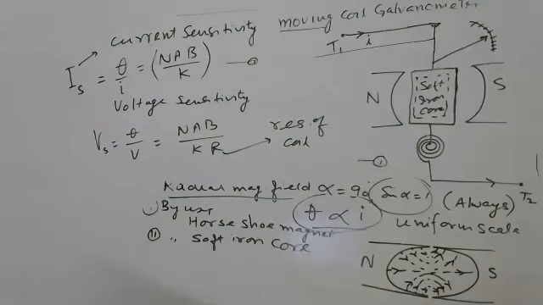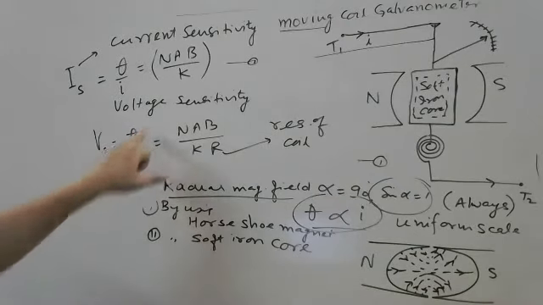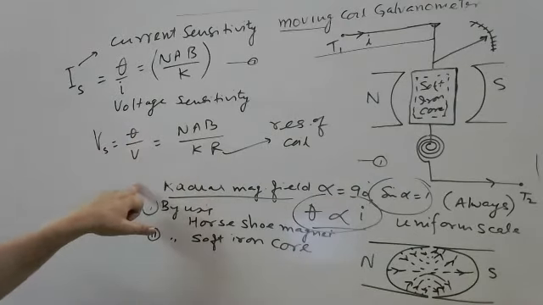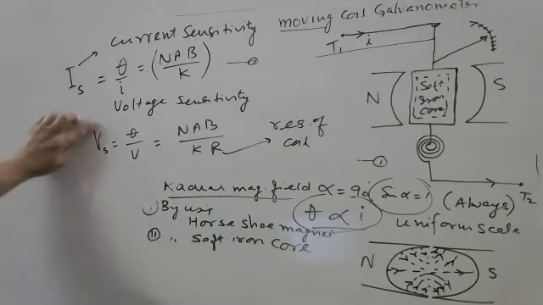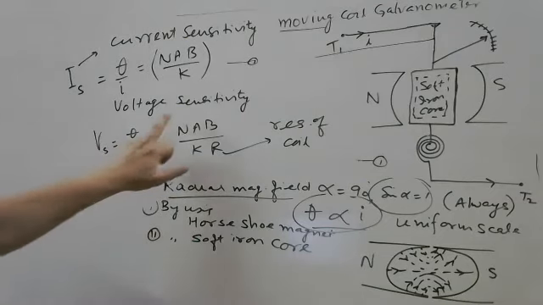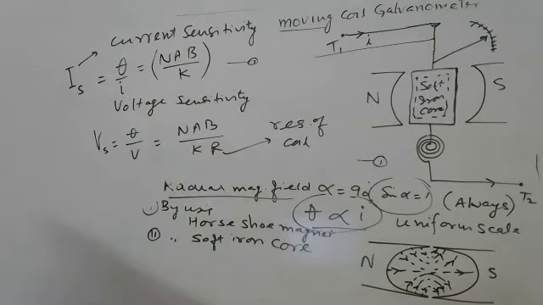It is the resistance of the coil of the galvanometer. Again, we can define it as deflection per unit volt. If the voltage difference is very large, the deflection is large again. Here also we can increase the voltage sensitivity by increasing NAB and by decreasing K and by decreasing R also.